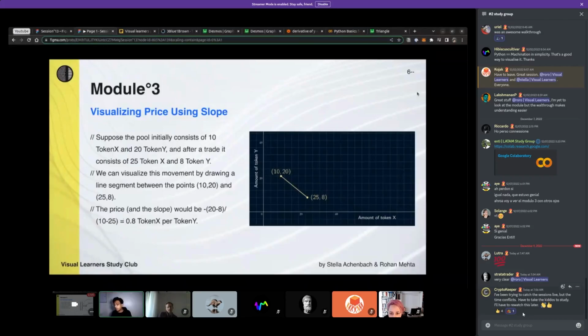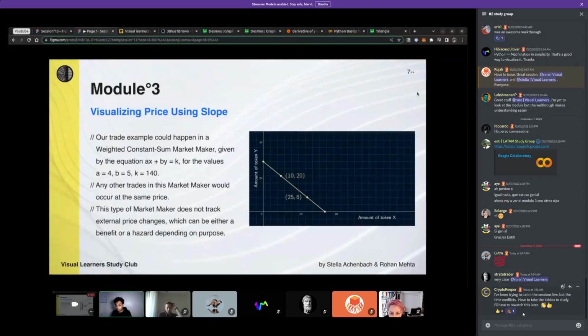And slopes start becoming quite important for us, not only when we're talking about the constant sum market makers that we were going through, but also when we are looking at constant product market makers or any kind of bonding curves.